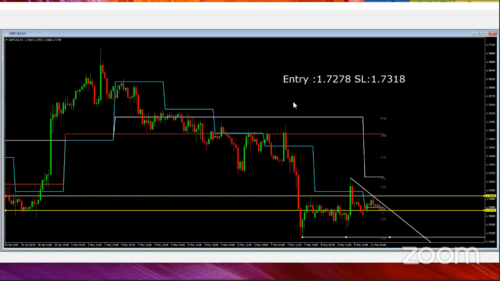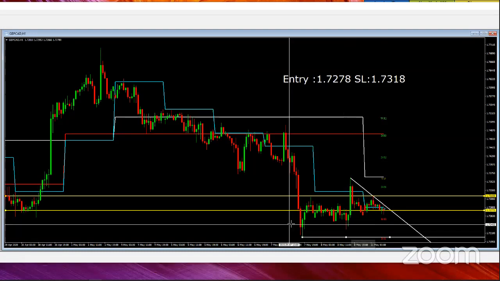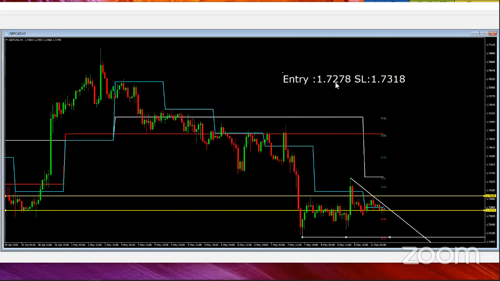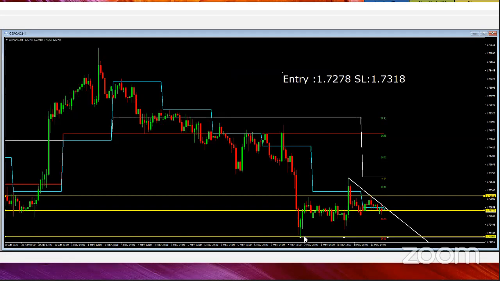Let me put that up first. Take profit 1.7208. So it's all the 8s. Let's put this in line here. 1.7208. And that's going to be a take profit 1.